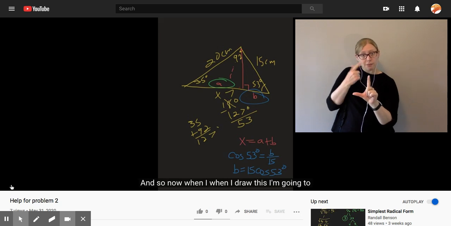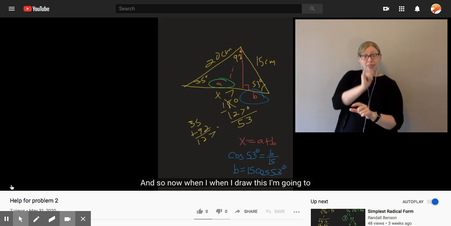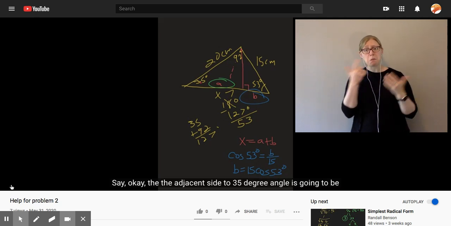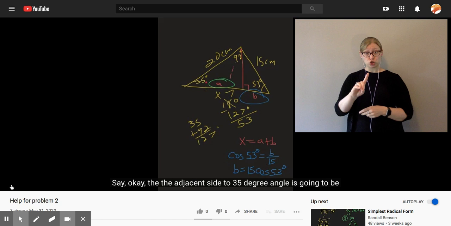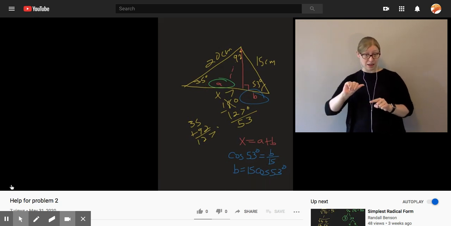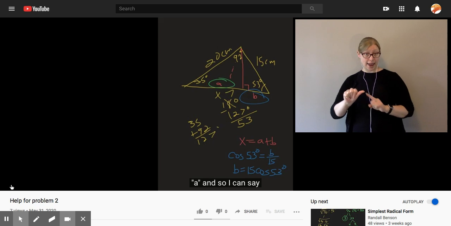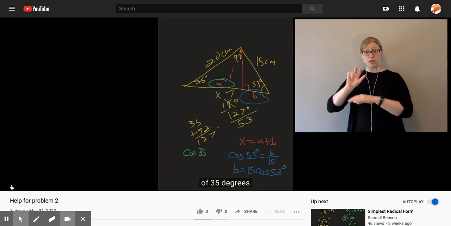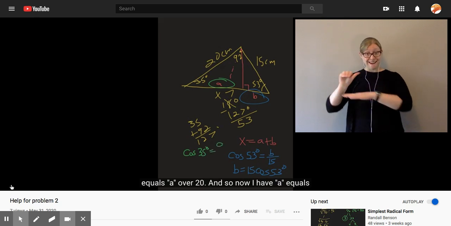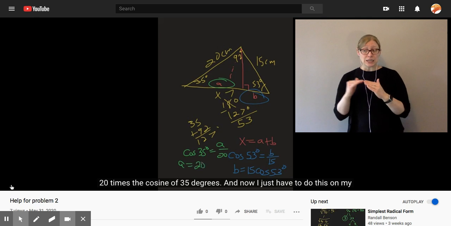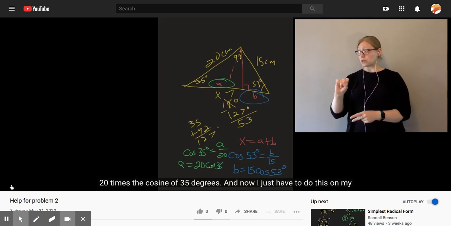So the adjacent side to the 35-degree angle is A, and I can say the cosine of 35 degrees equals A over 20. So A equals 20 times the cosine of 35 degrees.